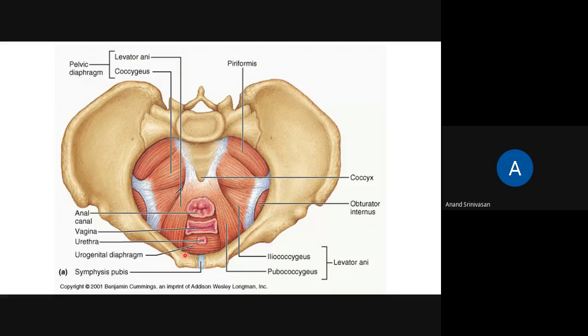Now, what are the muscles which constitute this? This is the female one. Here you can see the urethral opening, the vaginal opening, and then the rectum and anal canal opening.